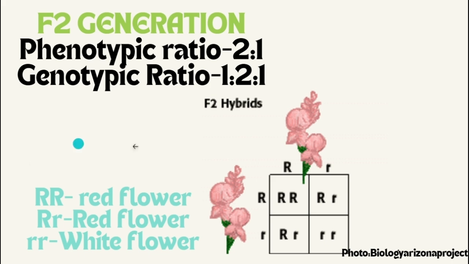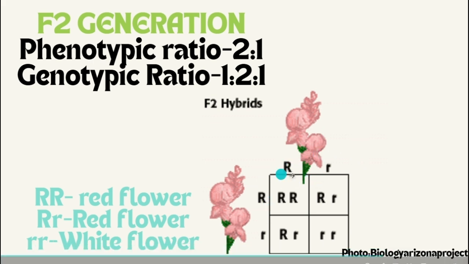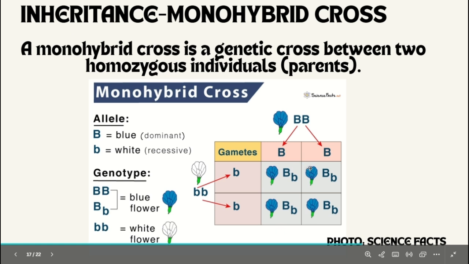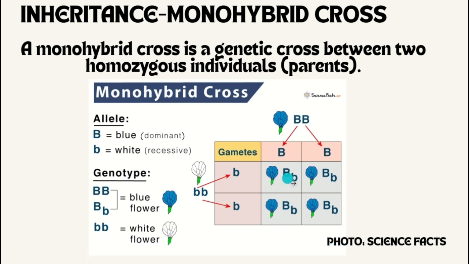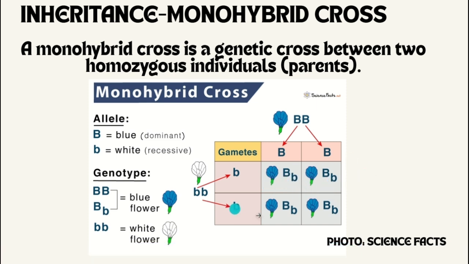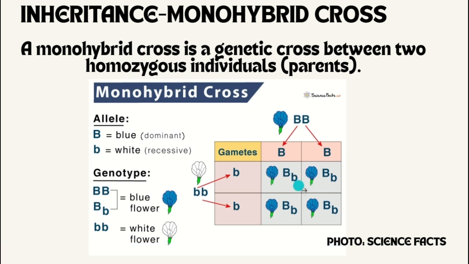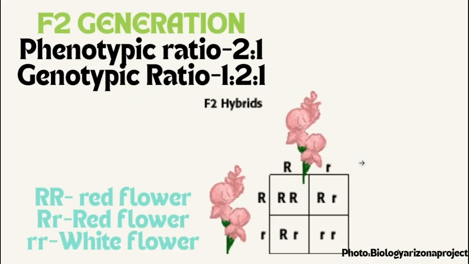Now we're using a different example. We have two heterozygous individuals. All of these individuals are heterozygous because they have two different alleles. Usually at the end of the F1 generation, you're going to get heterozygous.